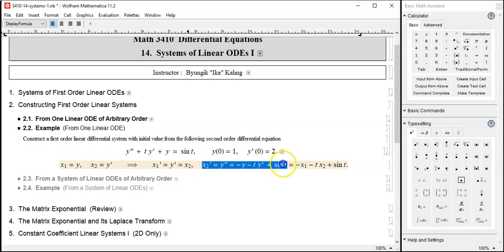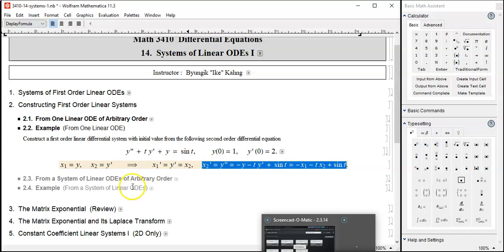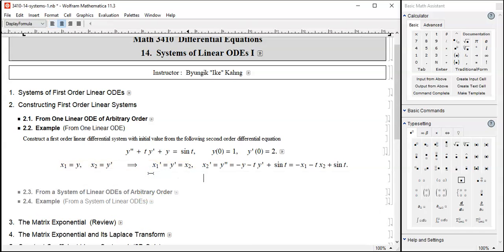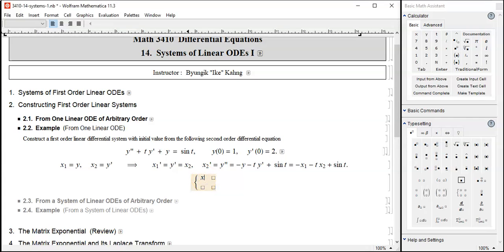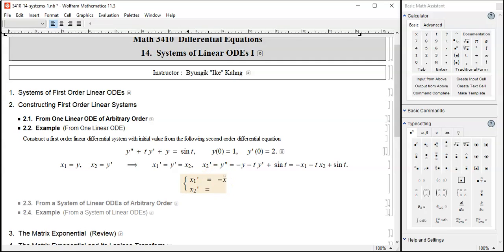x1 prime, x2 prime. So we can write like this. And that is equal to, and this one, oops.